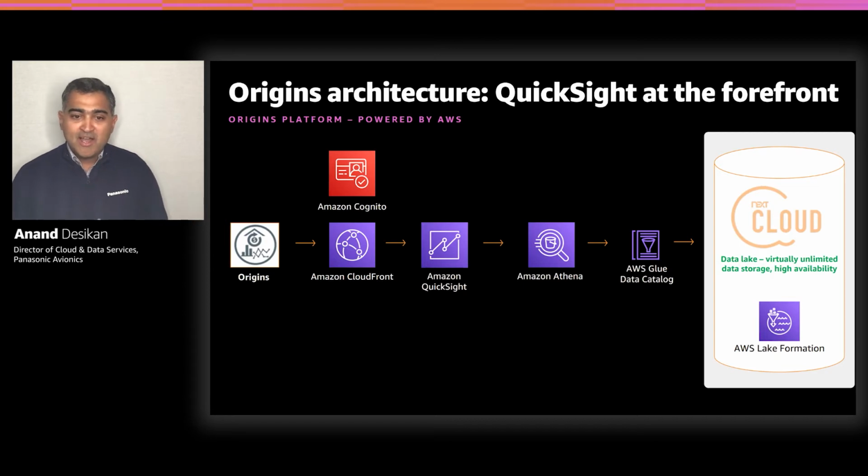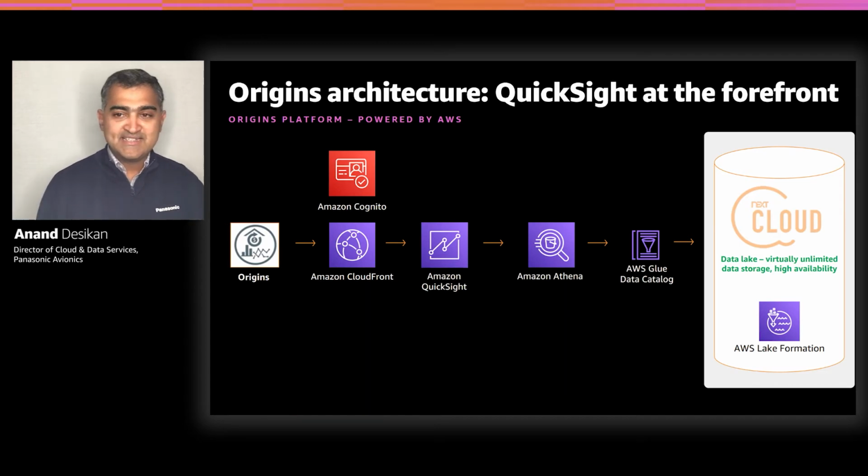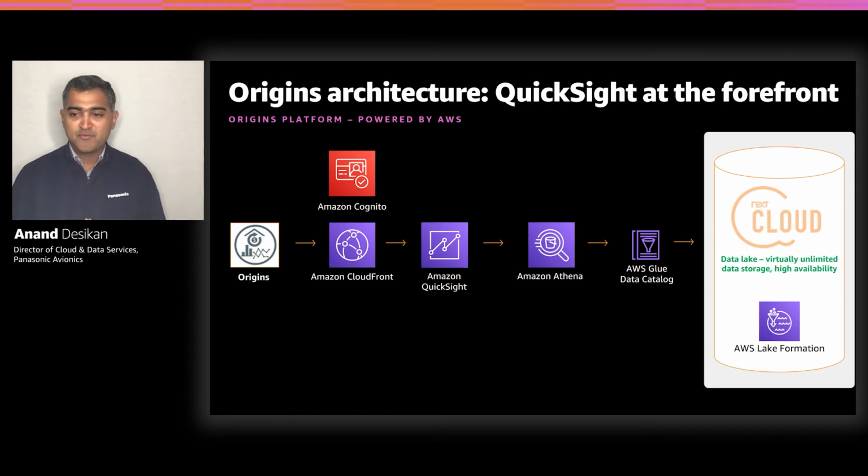Here is our quick architecture. As I mentioned earlier, the Origins platform, powered by Amazon Web Services, is at the forefront. QuickSight is at the forefront of it.